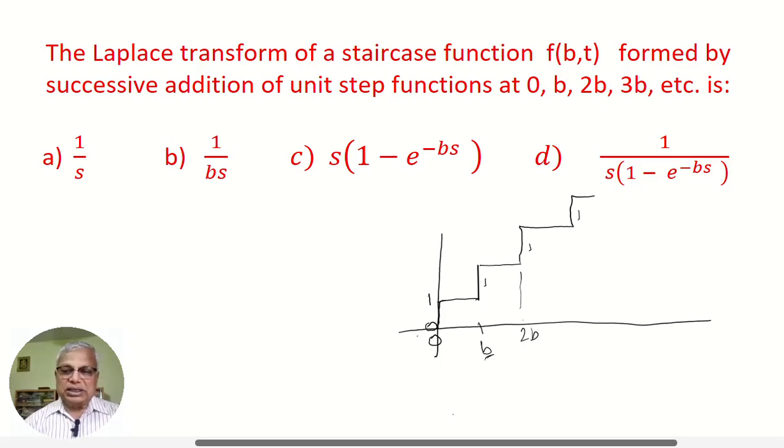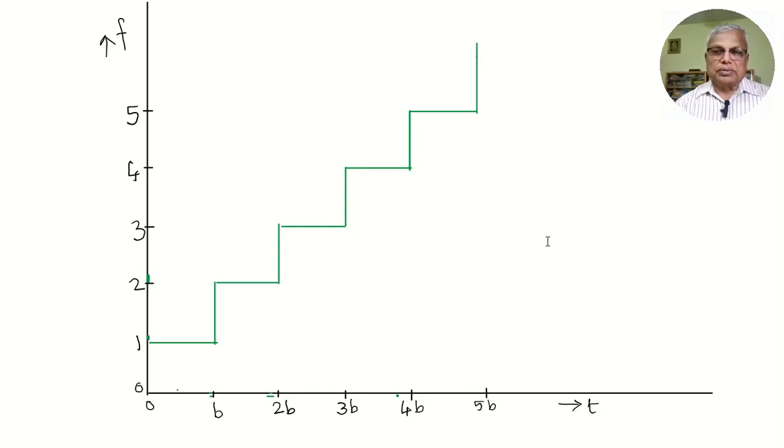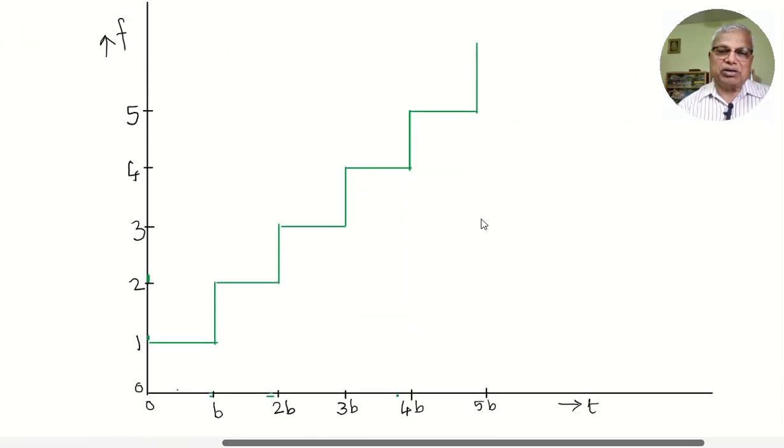Let me draw this neatly. I have drawn the same function here, since the lines do not look exactly horizontal and vertical. The same function I had explained, I have redrawn it here.